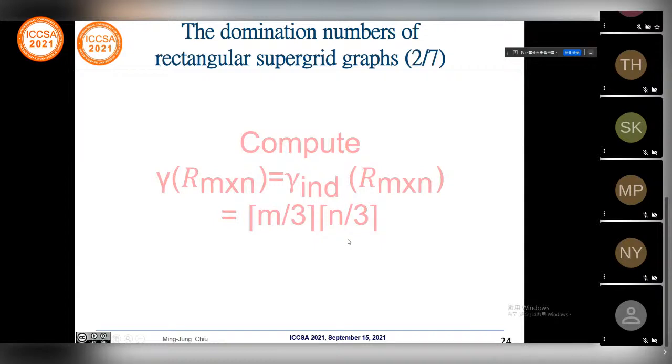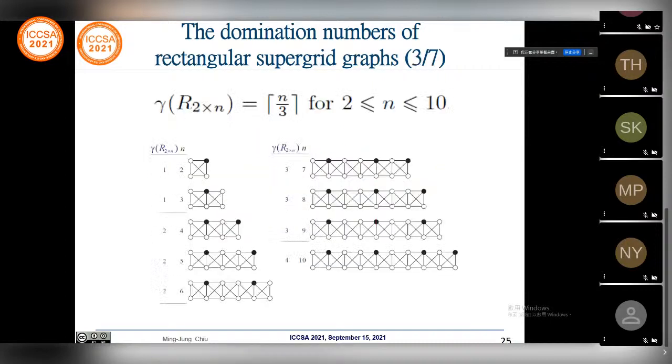In this part, we need to compute gamma of rectangular n by n equals gamma independent of rectangular n by n equals floor of n divided by 3 times floor of n divided by 3. First, gamma of rectangular 2 by n is equal to floor of n divided by 3. Why? Let's think of 6 points as a group, and a group has a leader. It's called the dominating vertex.